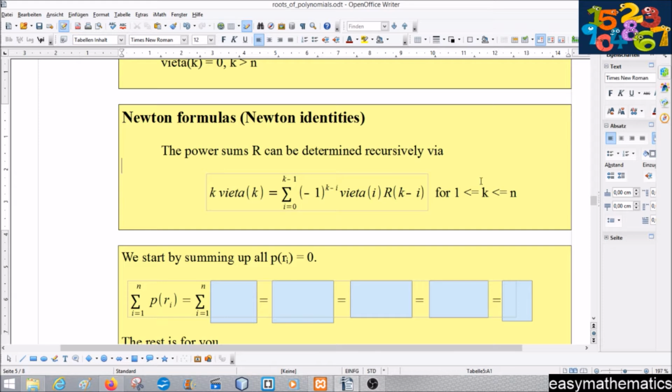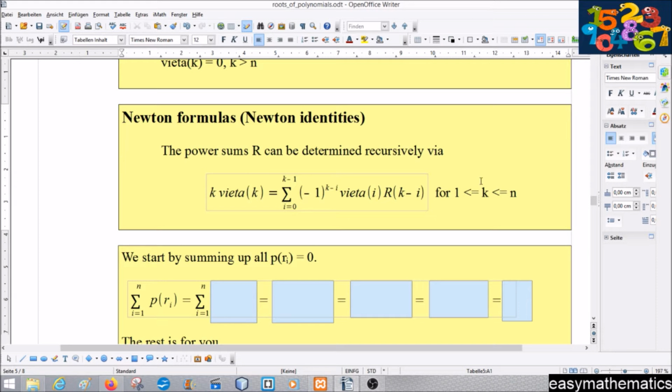I write this in this way: k times Vieta of k is the sum over i equals 0 up to k minus 1 of minus 1 to the power k minus i times Vieta of i times R of k minus i, for k between 1 and n. Okay, this is one way to write this down.